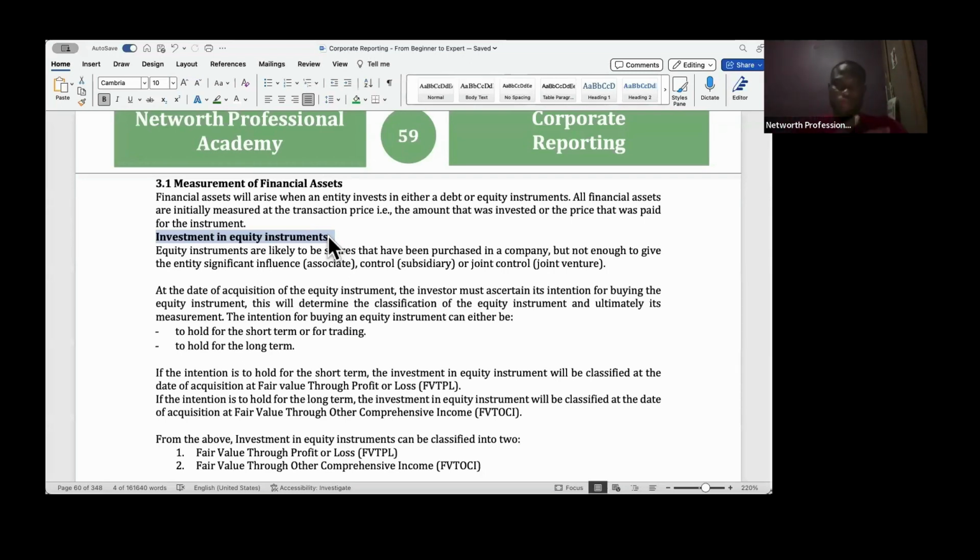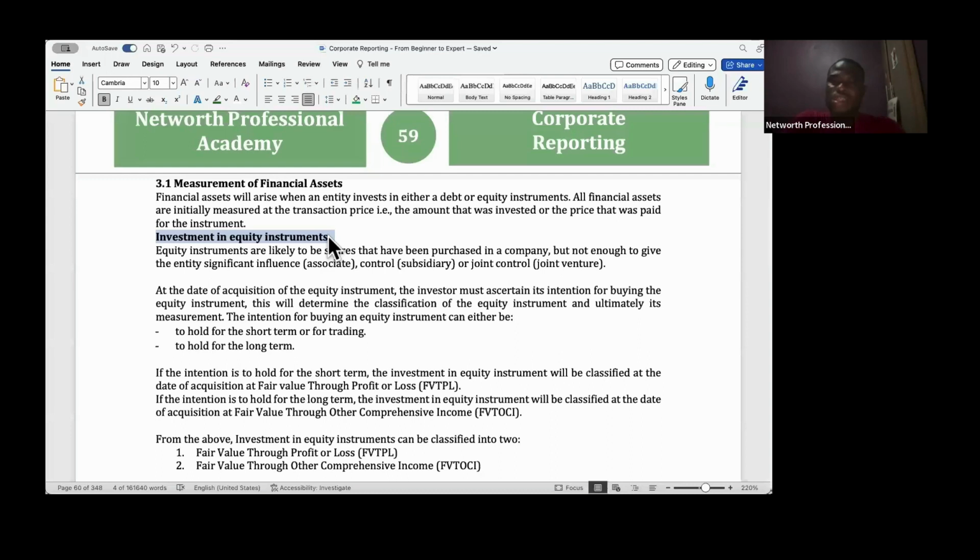But the one we are considering here is not the one that will give you significant influence or control or joint control. I know that Mr. Kazim has already started teaching you group accounts. Everything they are teaching you in group accounts is around investment in equity.